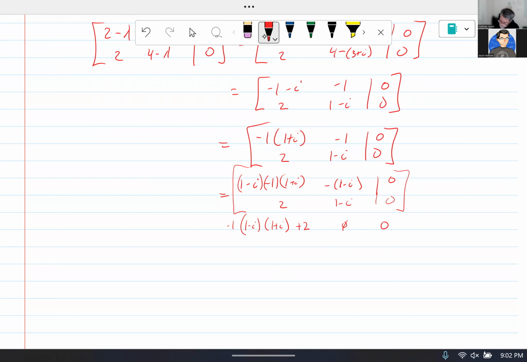Now this (1 minus i)(1 plus i) becomes 1 minus i squared, which is 1 plus 1, which is 2.